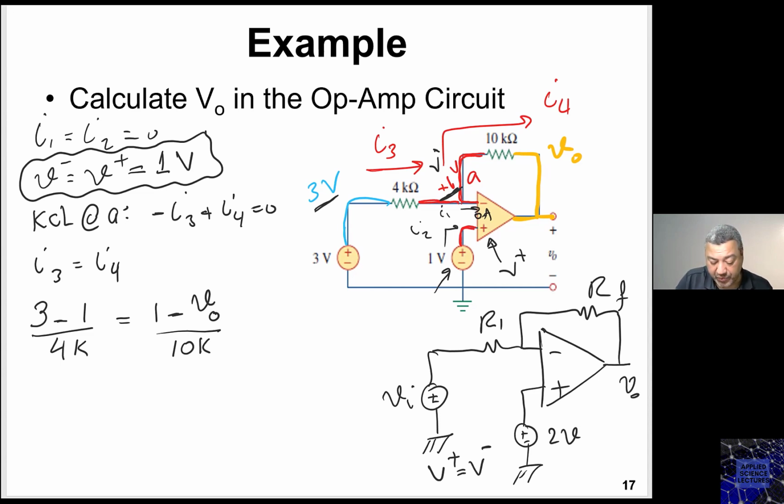The first rule is that there is no current entering the op amp. So we always assume I1 and I2 are 0 and equal. The current entering the op amp is 0, and both terminals of the op amp have the same potential. Does it make sense now?